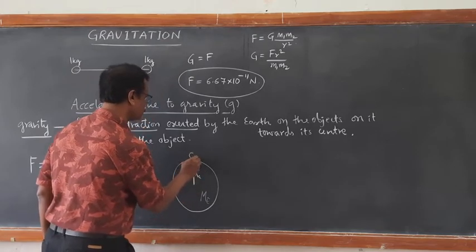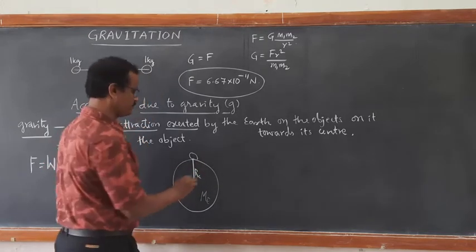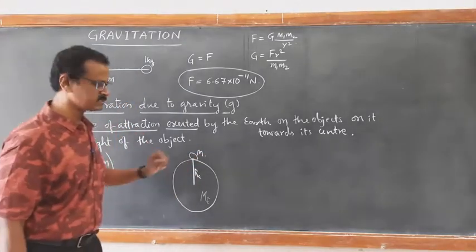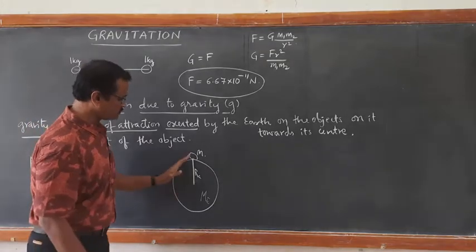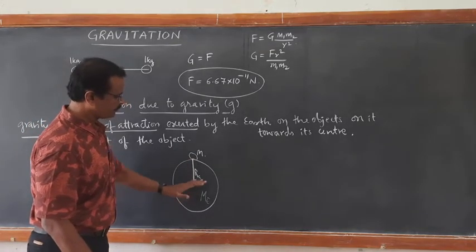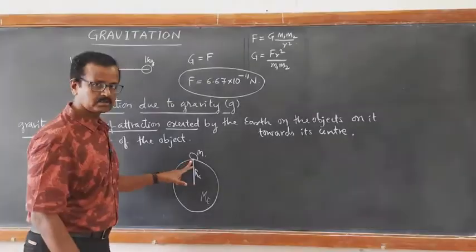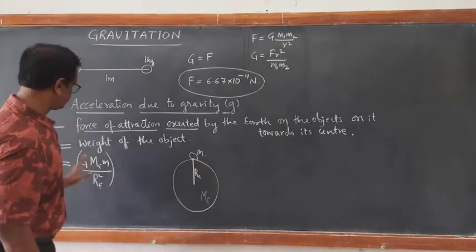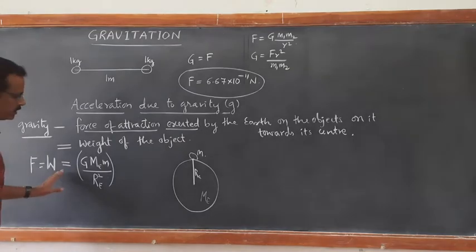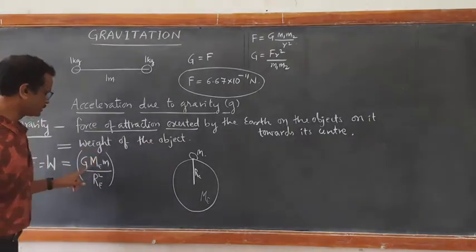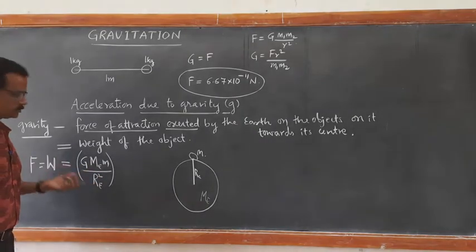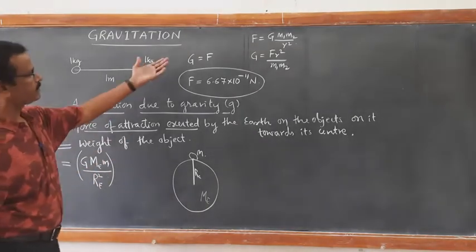If there is any stone, any object of mass small m on the surface of the earth, then the force of attraction exerted by the earth on the object on the surface of the earth is nothing but gravity. That itself is nothing but the weight of the object. Weight of the object is now given by G m upon r square. So this is based on the universal law of gravitation.